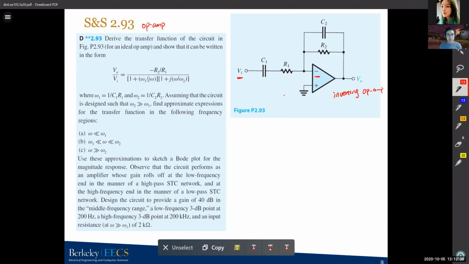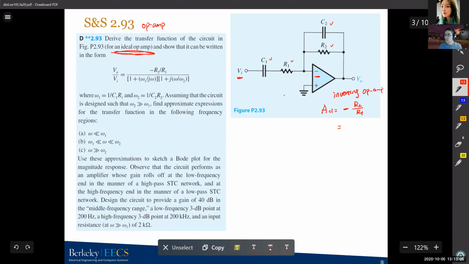For this one, we assume this is an ideal op-amp. The gain of the inverting op-amp will just be negative R2 over R1. This is for when we just have resistances. In this circuit, we have a capacitance as well as resistance, so we cannot use R2 over R1 for our ratio.